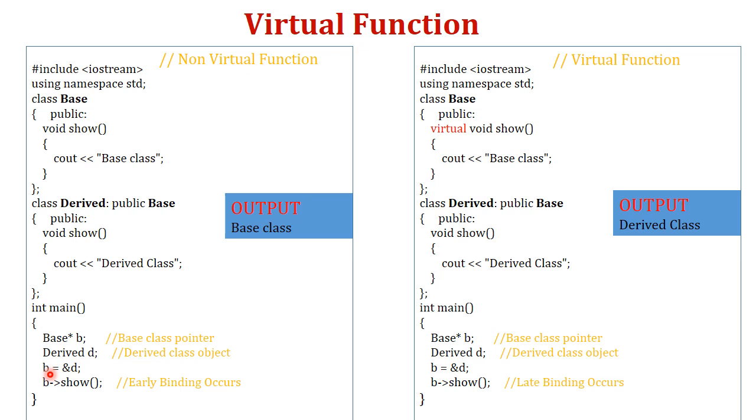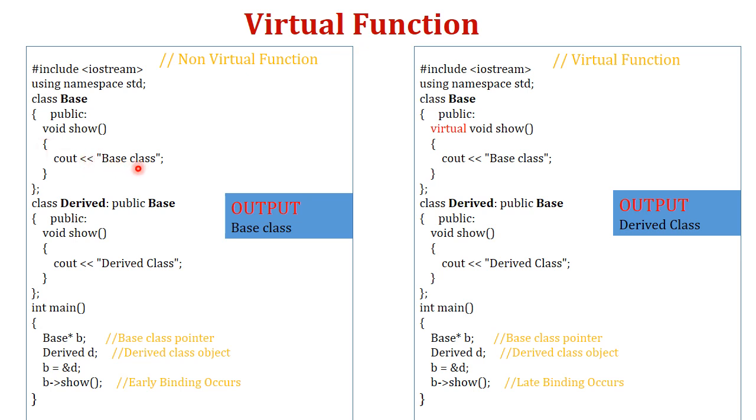Now the pointer variable holds the address of the other object. Now the pointer is pointing to show. So what will happen here? Automatically it will give priority to the base class because the same function is defined in both the base class and the derived class. The compiler gets a conflict, so it will automatically execute only the base class function. So the result is base class.